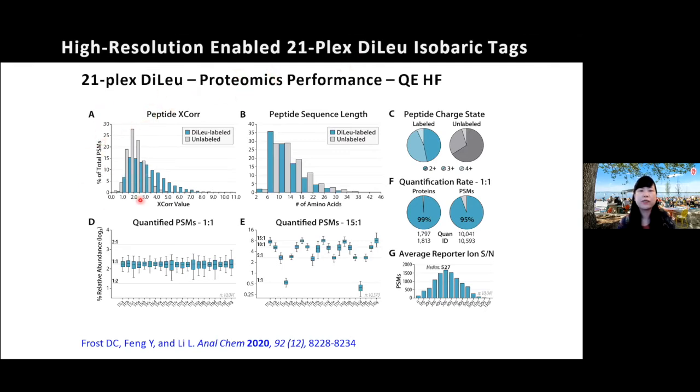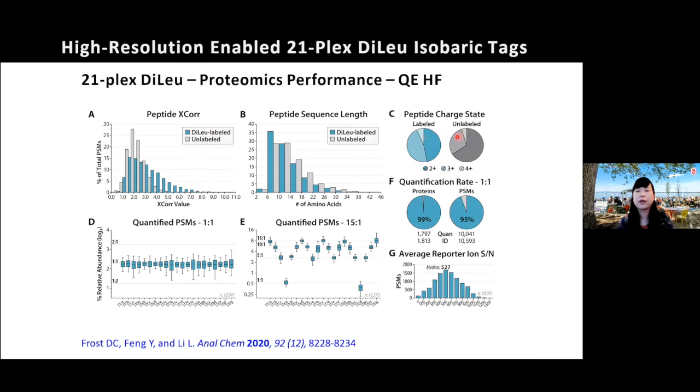So collectively, we want to evaluate the proteomic performance of this 21-plex DiLeu, for example at the peptide identification level. With the blue bars, these are the DiLeu-labeled versus the unlabeled. As you can see, we have pretty good XCorr values, which show high confidence, and the peptide sequences primarily range from 6 to 10 amino acid residues, tryptic peptides.